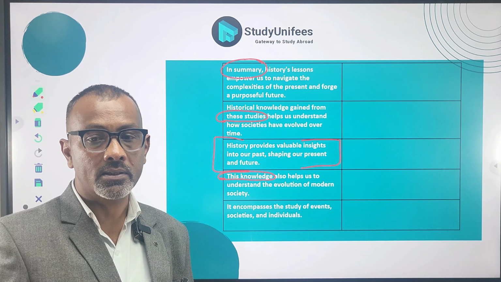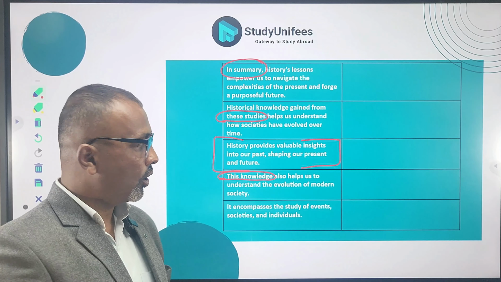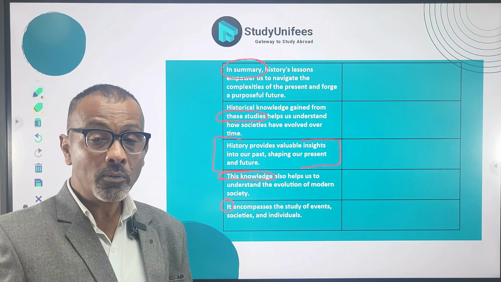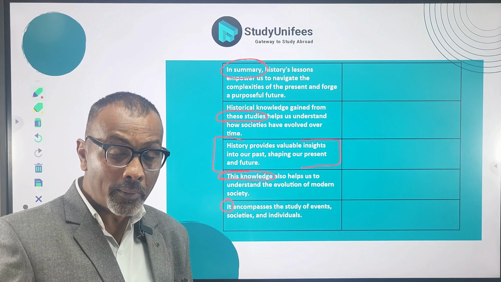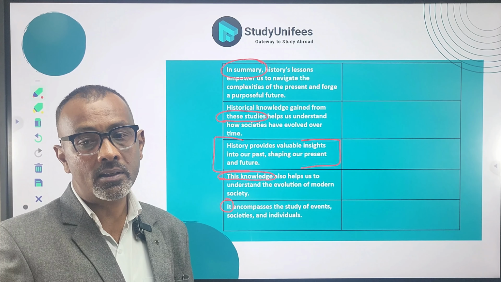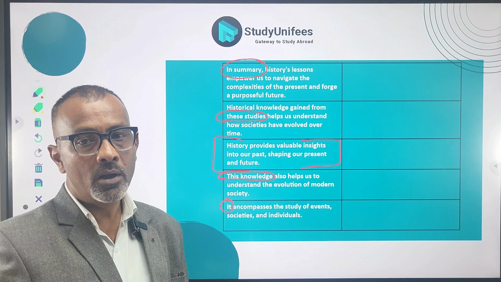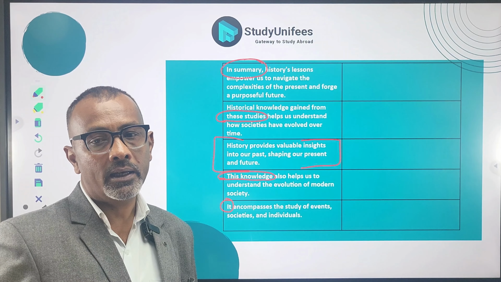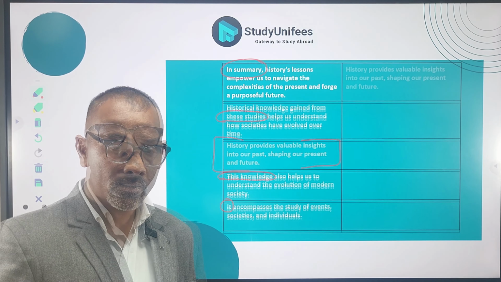It encompasses the study of events, societies, and individuals. Also has a pronoun. The pronoun it will have a noun referent describing something that encompasses the study of events, societies, and individuals. So the third sentence can very easily and very accurately be shortlisted as our topic sentence.